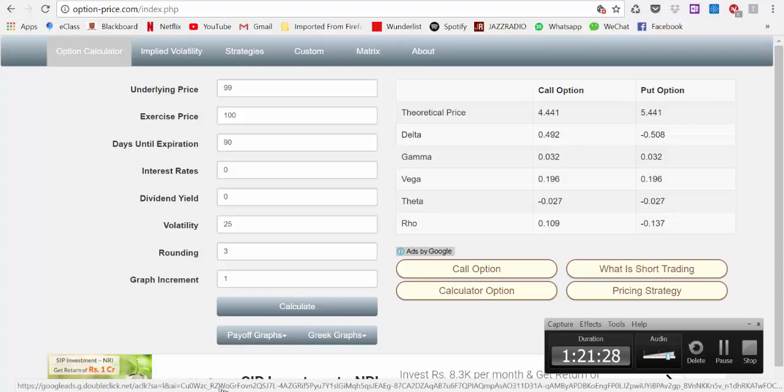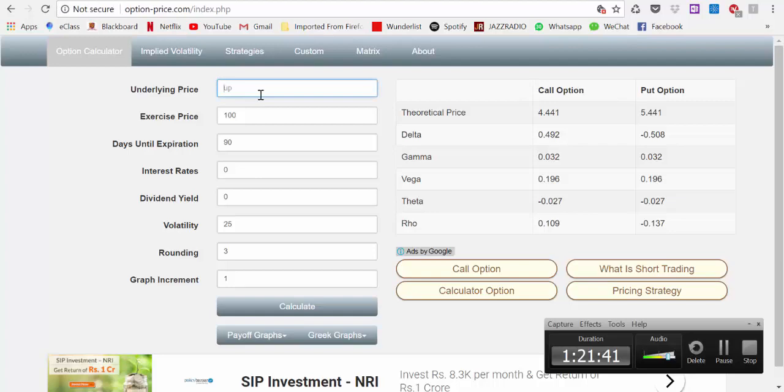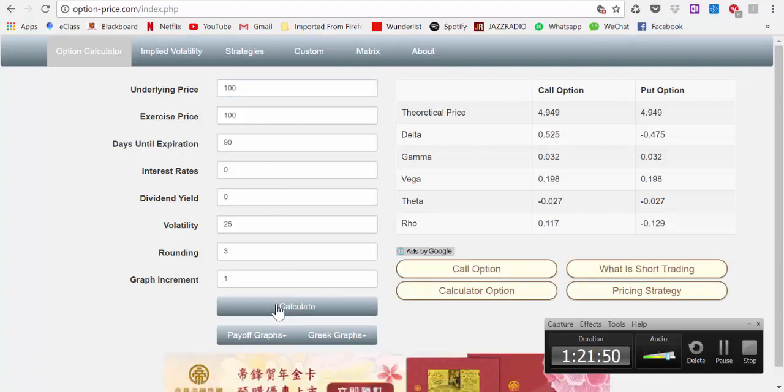To answer your question, actually, no, the gamma is not constant, and you can really see that. So that was an oversimplifying assumption that we are making, but no. Now, what was the gamma when the stock price is 100? It's actually 0.032, and when you go down to 99, it won't be 0.032.